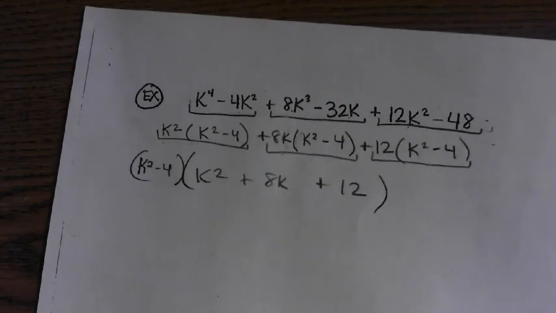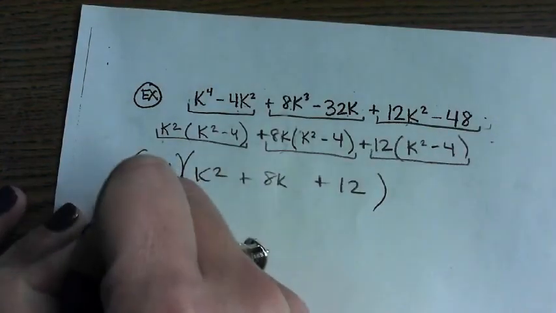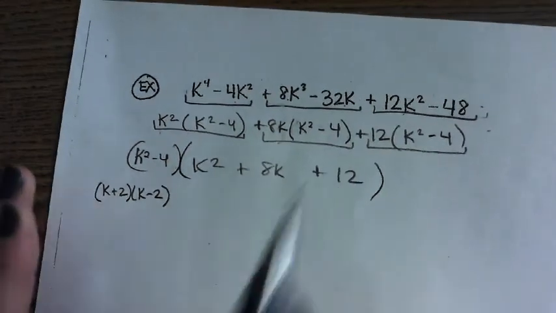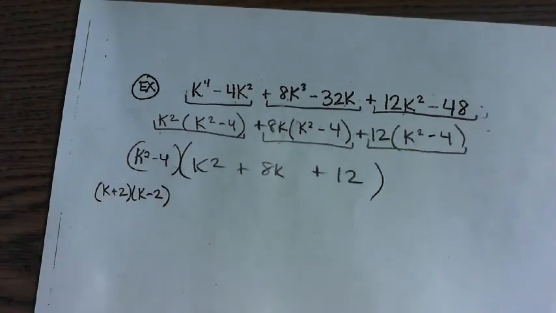Now, you have a binomial. Is that binomial factorable further? Yes. Chris, into what? K plus 2, k minus 2. And we have a trinomial. Is that factorable further? Not as obvious. You still want to try, though.